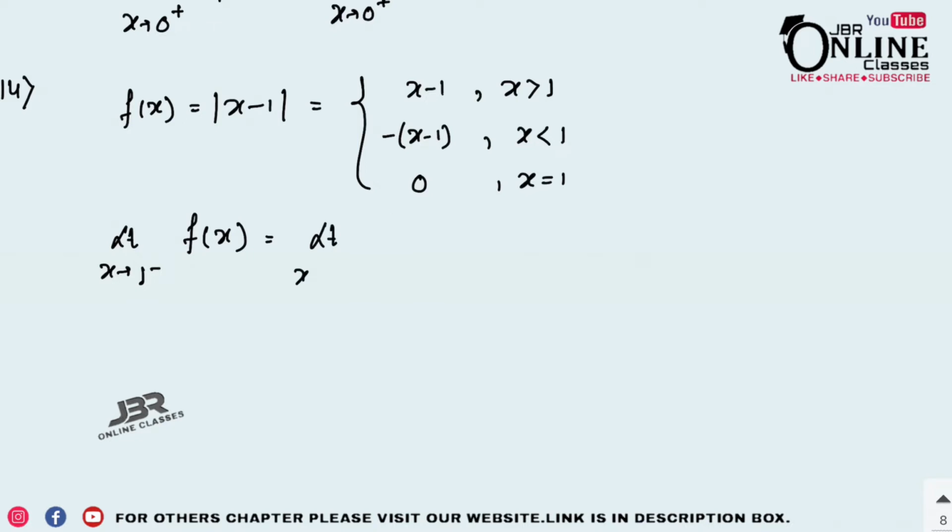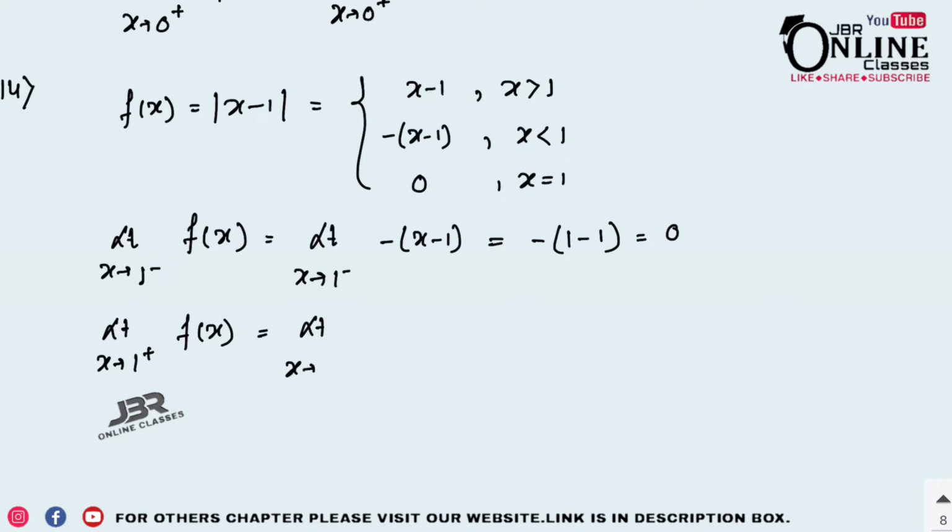So limit x tends to 1 minus, 1 minus means less than 1, so minus (x minus 1). So that one equals minus (1 minus 1), and that one equals 0. Now limit x tends to 1 plus f(x). So greater than 1, that means x minus 1, and again 1 minus 1, that one equals also 0.